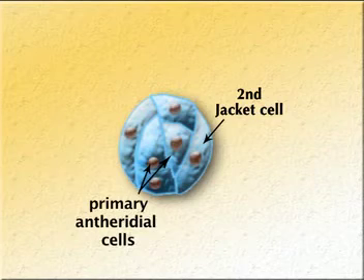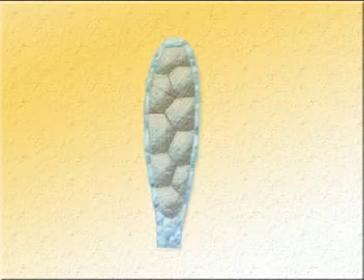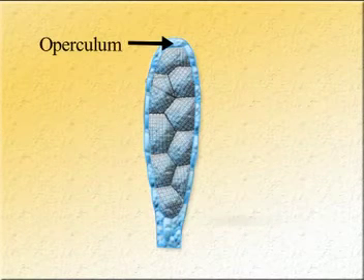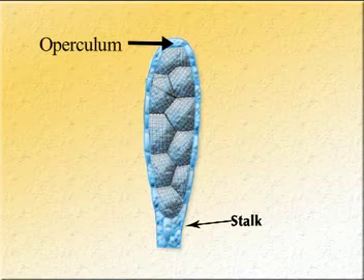Thus, each cell of the filament gives rise to two jacket initials and one primary antheridial cell. The jacket initials divide only anticlinally and form a single layered antheridial jacket. The apical cell of the filament forms operculum or cap region of the antheridial wall.